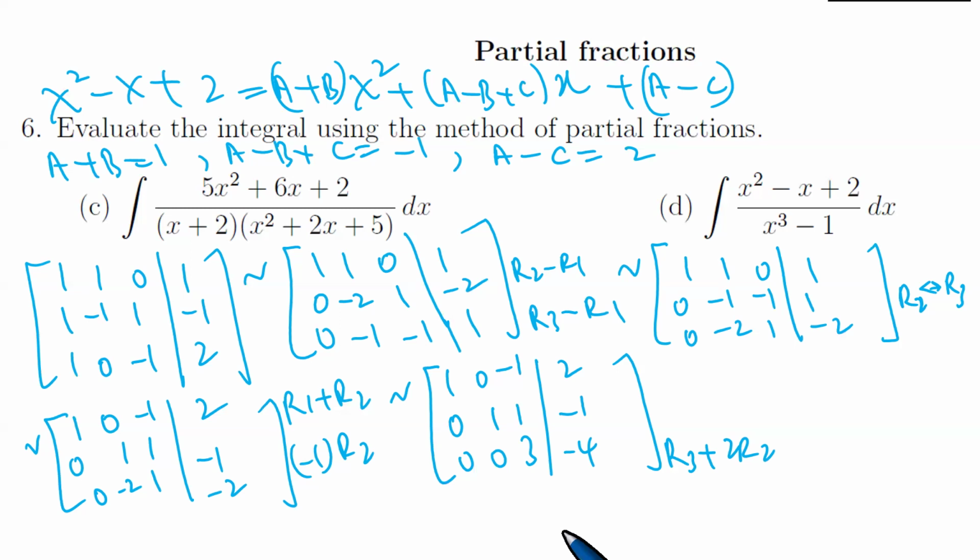Right, so we get x squared minus x plus 2 over x cubed minus 1. I'm just checking something here.